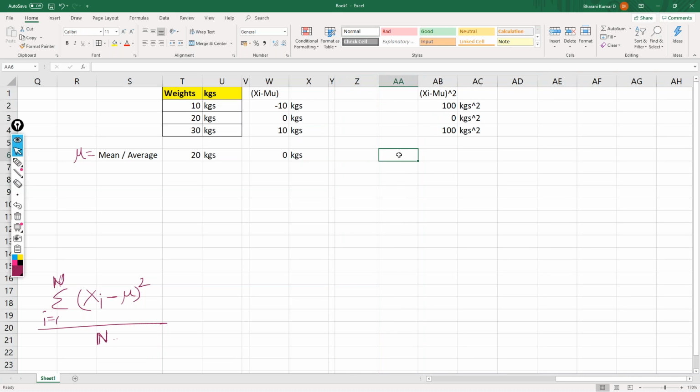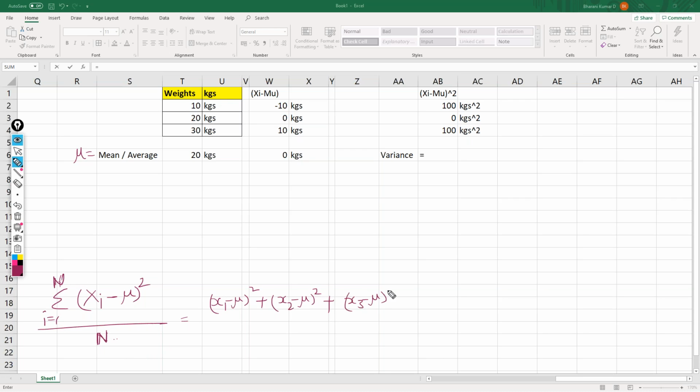Then if you calculate variance, what is variance? You add all these numbers. So if I were to expand this, if I substitute i equal to 1, x1 minus mu whole square, plus i equal to 2, x2 minus mu whole square, plus i equal to 3, x3 minus mu whole square.